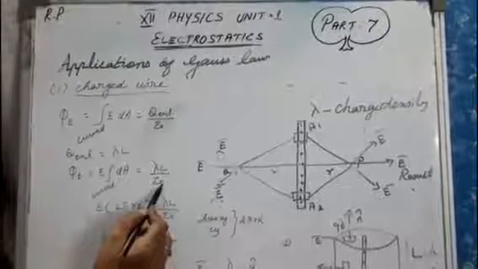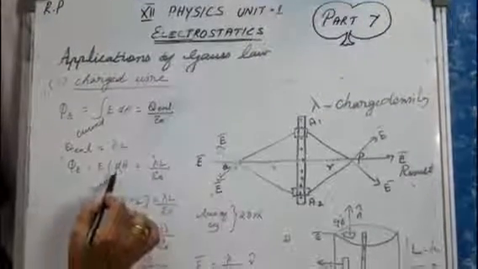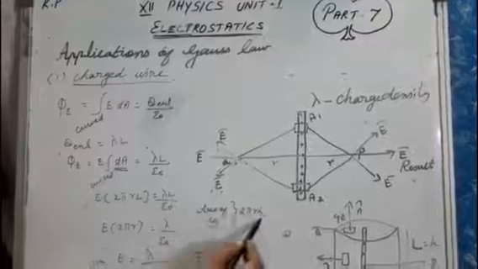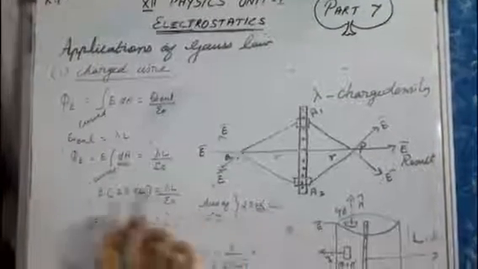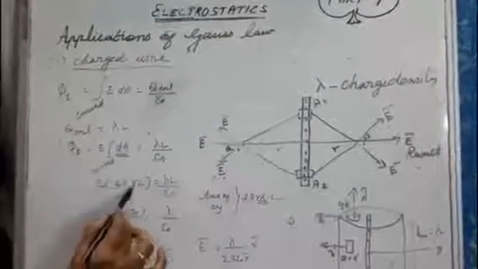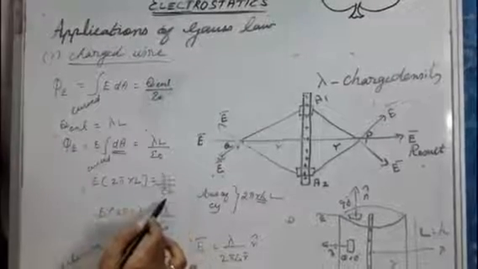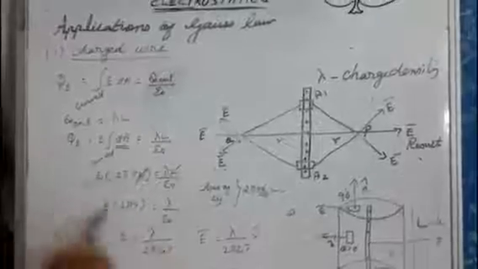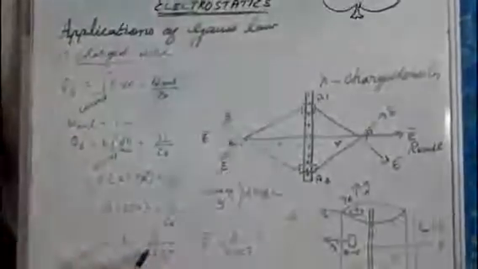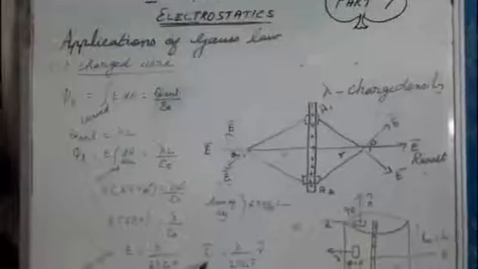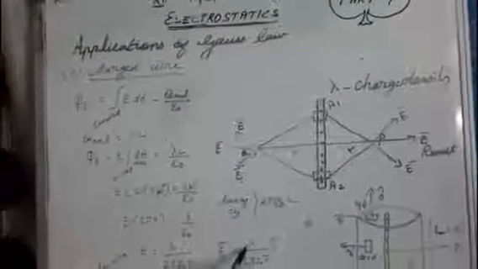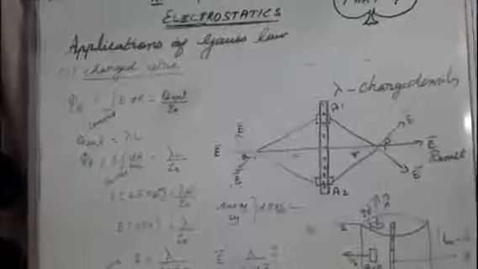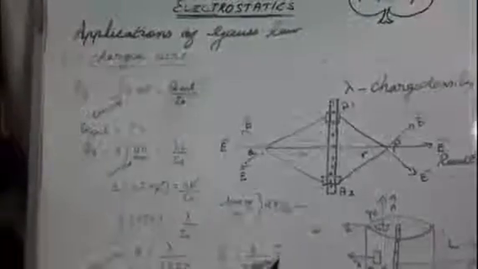And here the area of cylinder is 2 pi r h. H means it is L. Therefore, E into 2 pi r L equals lambda L divided by epsilon naught. Both the sides the L is cancelled. Therefore, we can get E equal to lambda by 2 pi epsilon naught r, but in the vector form we can write it E vector equal to lambda by 2 pi epsilon naught r into r cap.